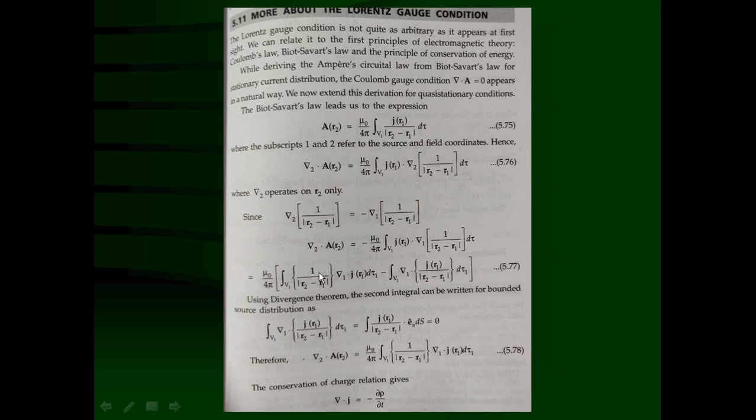So this equation is replaced by these two terms. Now we will concentrate on the second part of equation 5.77. This is the divergence of the two terms, with a volume integration, so we want to convert from this volume integration to a surface integration using the divergence theorem.